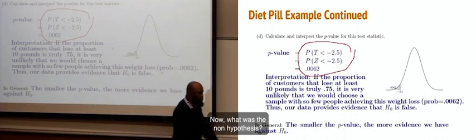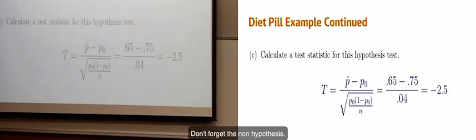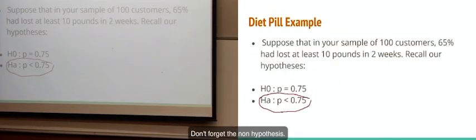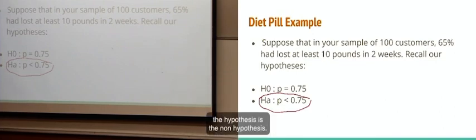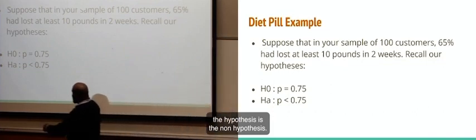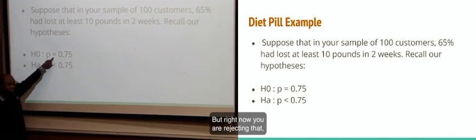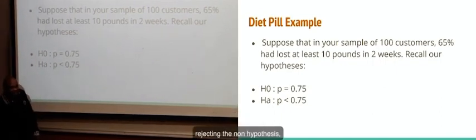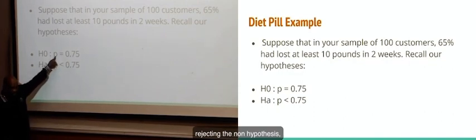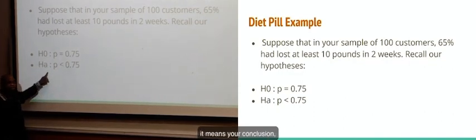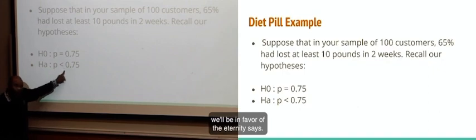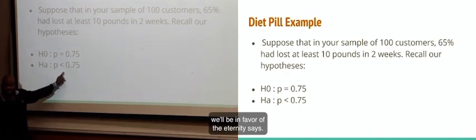Now, what was the null hypothesis? Don't forget, the null hypothesis is H0. The null hypothesis here is the claim of this company. But right now, you are rejecting that. Rejecting the null hypothesis means your conclusion will be in favor of the alternative. Does that make sense?